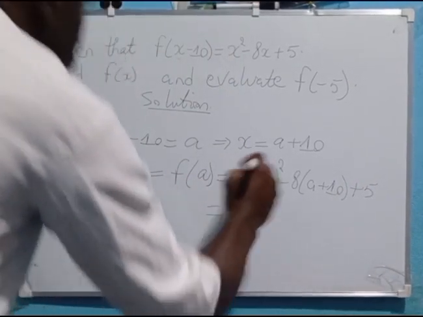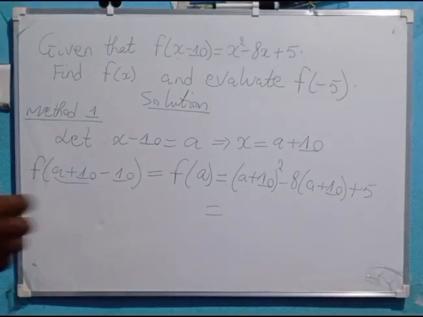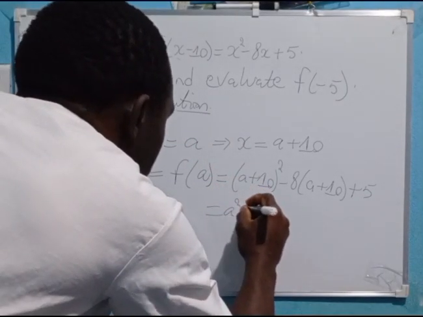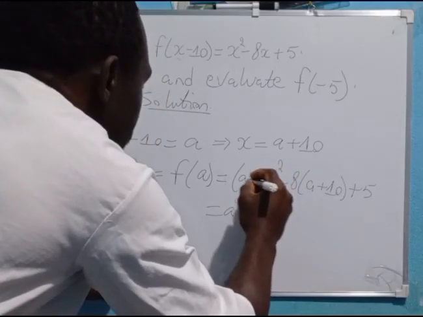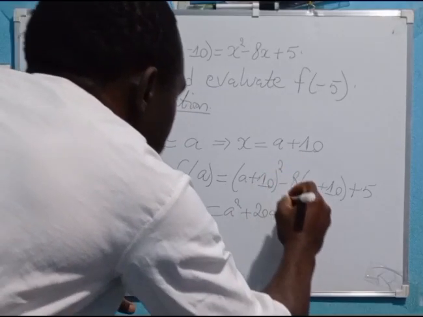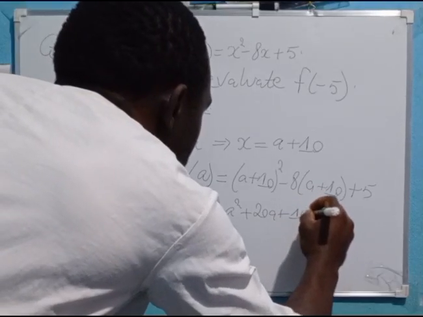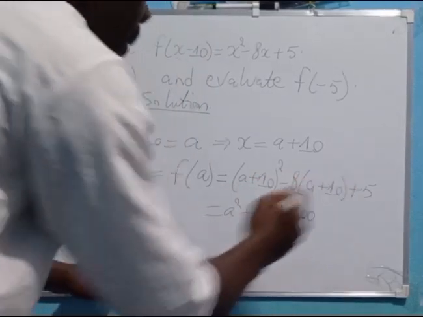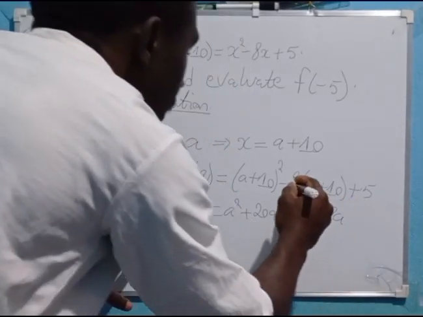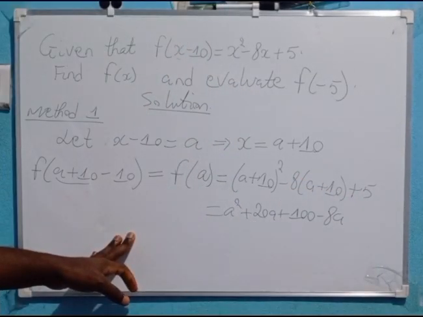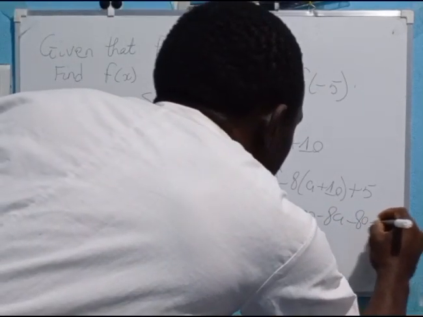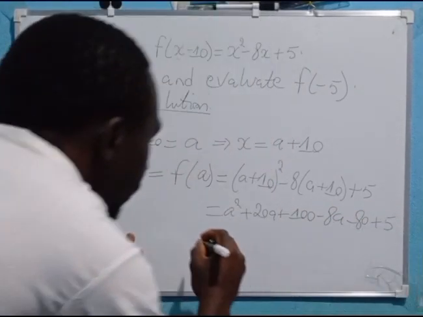This will be equal to, we have to expand, a plus 10 squared will give us a squared plus 2 times a times 10 gives us 20a plus 10 squared, which is 100. We have to expand this. Negative 8 times a gives us negative 8a. Negative 8 times 10 gives us negative 80 plus 5.